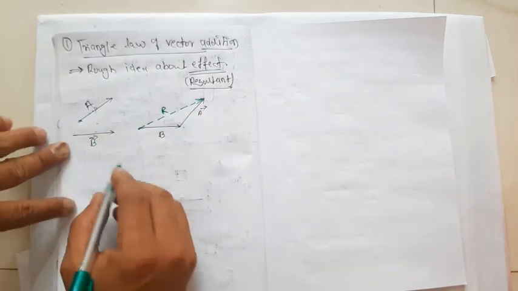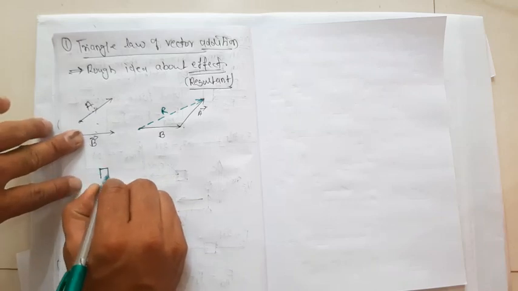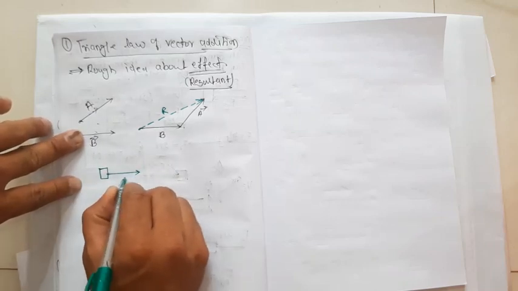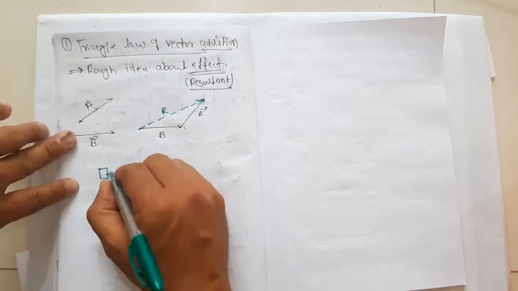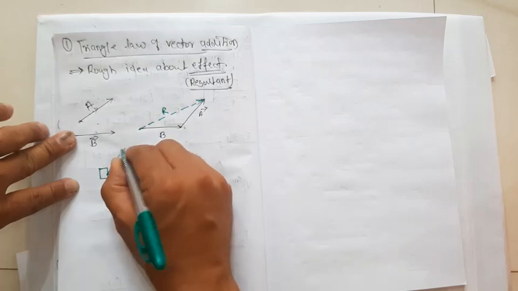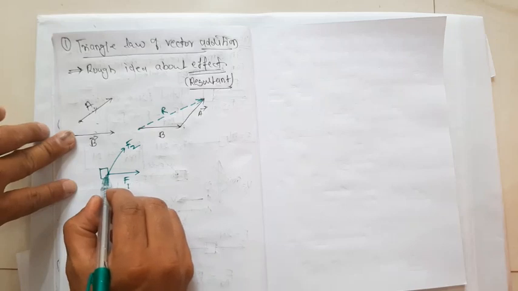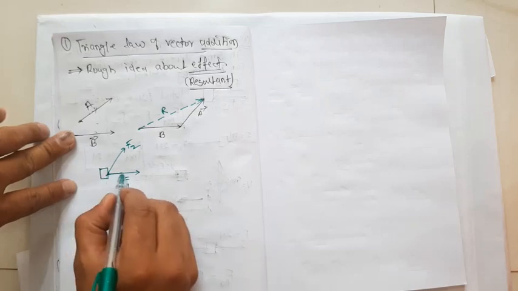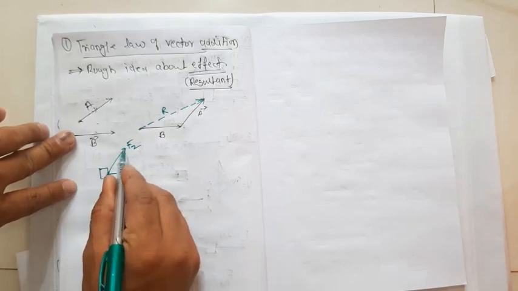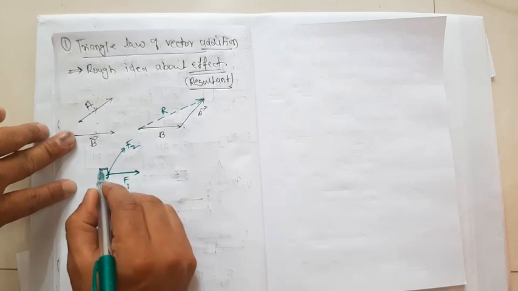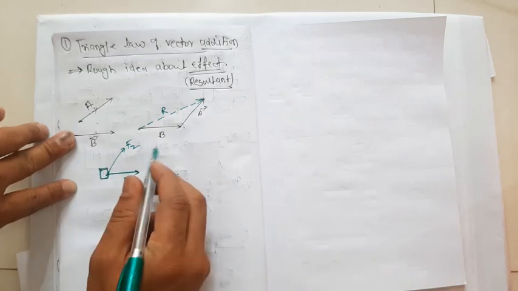It means suppose this is the object and one force F1 is acting in this direction, and another force F2 is acting in this direction. Now in which direction will this object move? It will neither move in this direction nor in this direction, it will move in the direction of the resultant force.